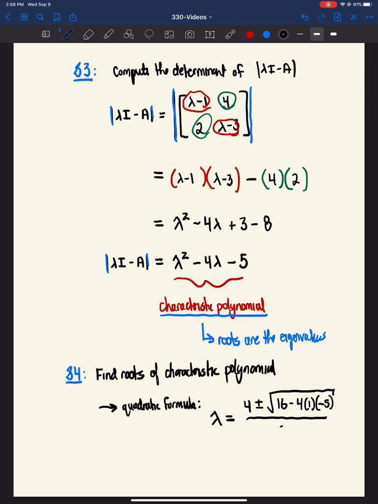All over 2 times the coefficient a, which is 1. So our eigenvalues are 4 plus or minus the square root of 16 plus 20, which is 36.